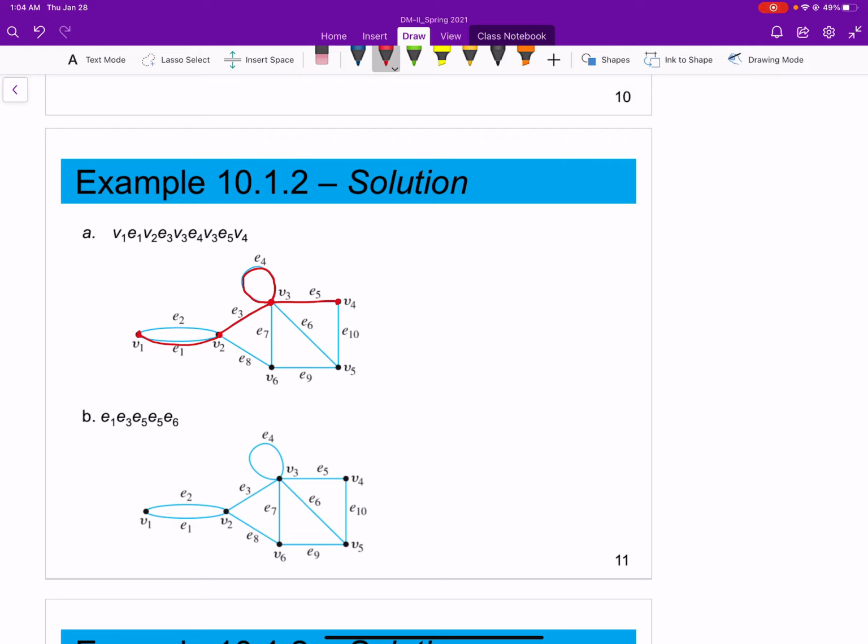It has repeated vertices, no repeated edges.